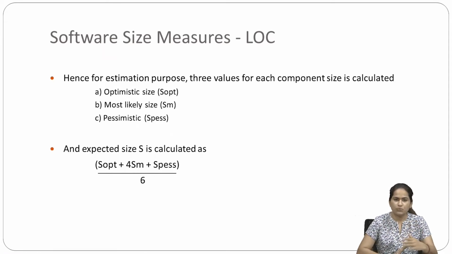So the equation formed is like this: SOPT plus 4SM plus SPES, right? Whatever answer you get, divide it by 6. That will be the answer of your size S.